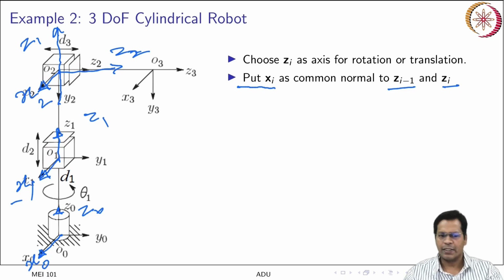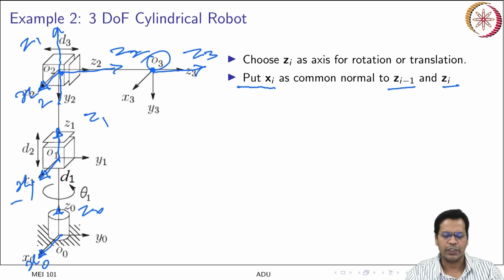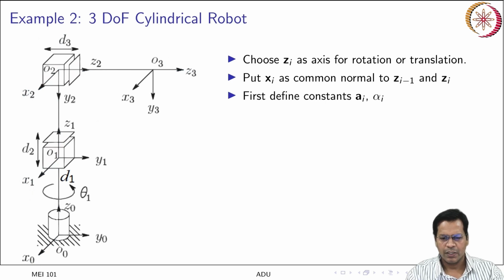Then this Z2 finally terminates over here, aligning with Z3. Z3 is just a dislocation of the second frame to the new location, that is the third frame, O3. That is the end effector frame as well. So now put the constants a i and alpha i. What is a i?